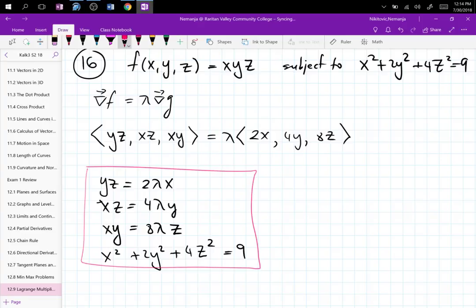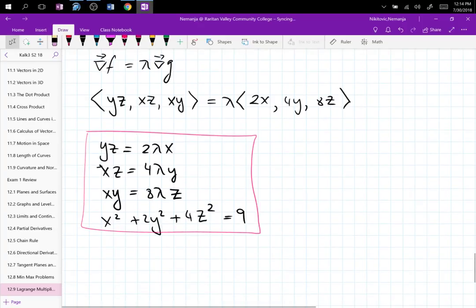Do we all have the same equations? Yeah. So the only thing that I can do here is solve for lambda in each of the equations and then set those equal and see if algebra will clear anything up.